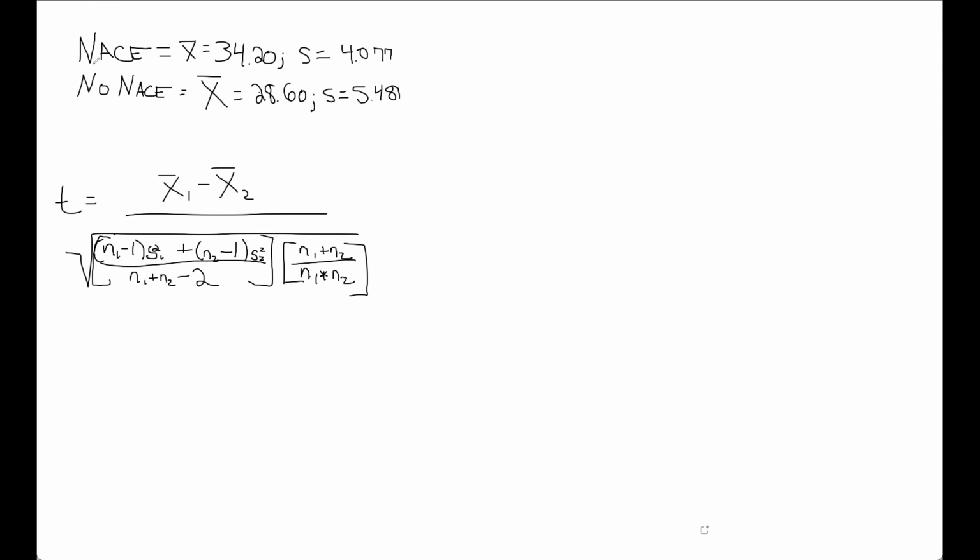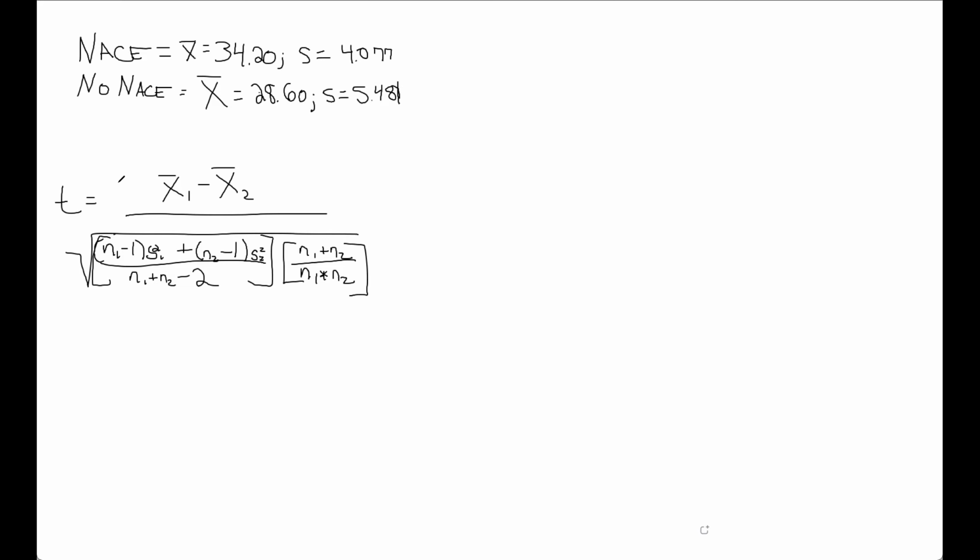We've got the people who did the NACE competencies with a mean of 34.2 and a standard deviation of 4.077. People who didn't do the NACE competencies came out with a mean of 28.6 and a standard deviation of 5.487. I think that's a 1 actually. Yeah, that's a 1.